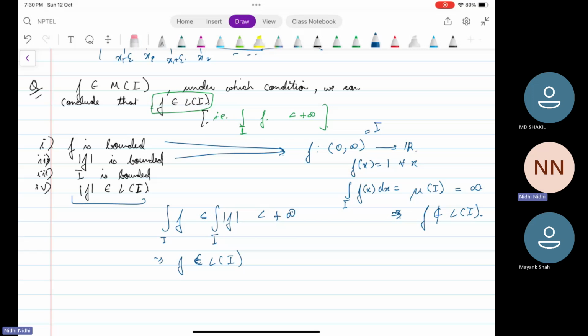And the third one. Now they're saying that we give you the condition that this I is bounded. But we can find I bounded, but the function unbounded in some bounded domain. We know that 1 by x is measurable; you should try yourself to see this.